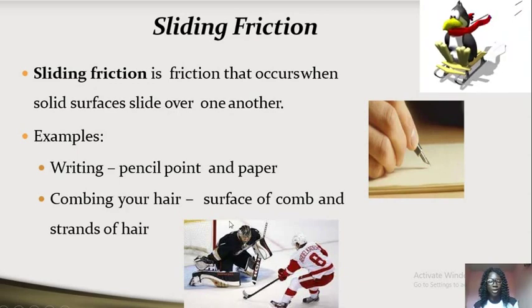Most times they play it on a snow surface. So what's occurring here is sliding friction. But just know that it's a friction that occurs when a surface slides over another surface. You're writing with your pen and you're sliding, so this is sliding friction.